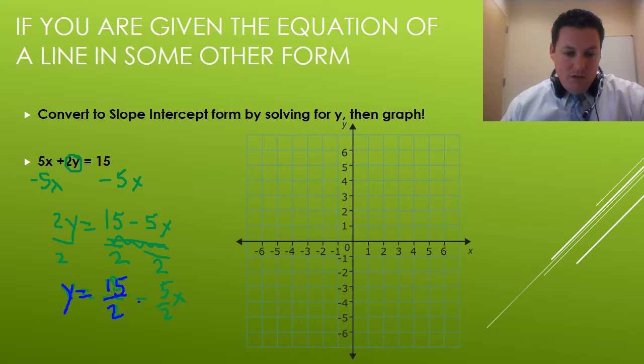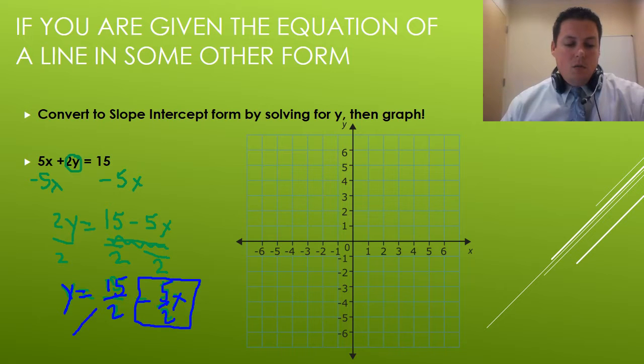So y equals 15 halves minus 5 halves x is what we end up with. Now we have something in slope-intercept form. This is attached to the x, so that's our slope, which makes this portion here our y-intercept. 15 halves is the same as saying 7.5. All right, so our y-intercept is going to be here at 7.5.